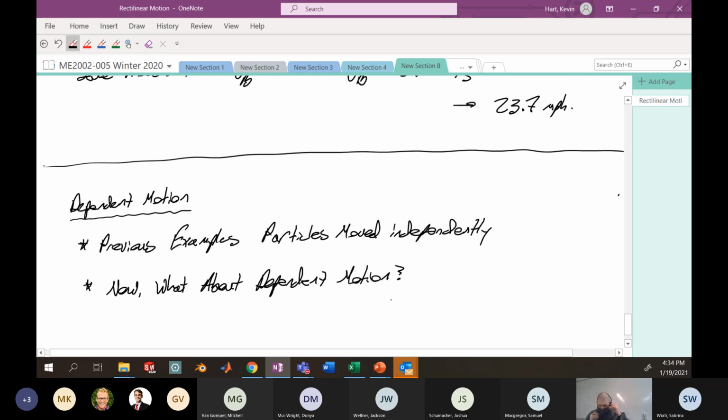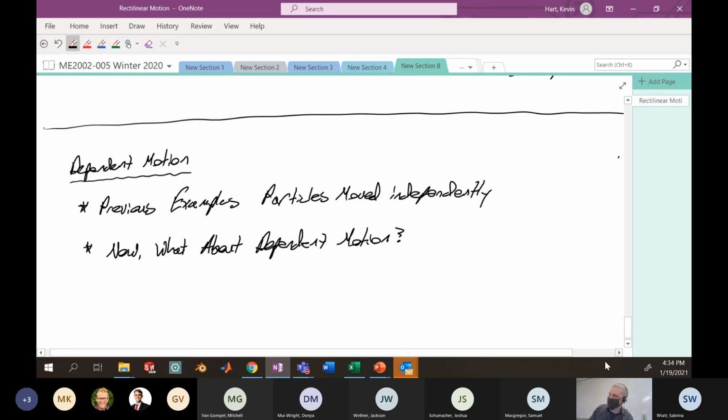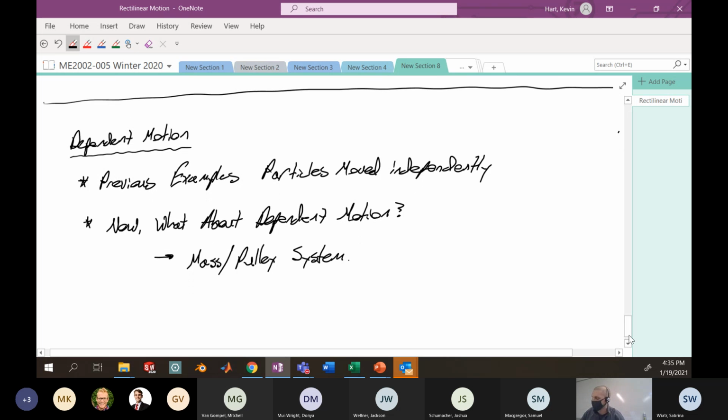Okay, and the classic example, just like the two cars on the highway moving independently, the classic example for dependent motion is multiple masses hooked up to a pulley system. This is the mass pulley system. The El Clasico.